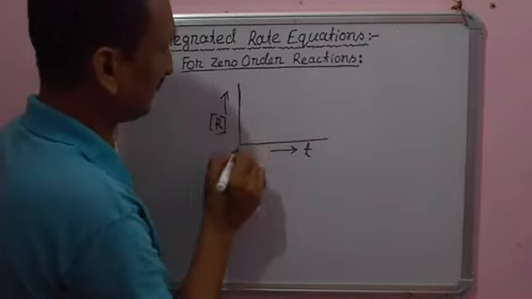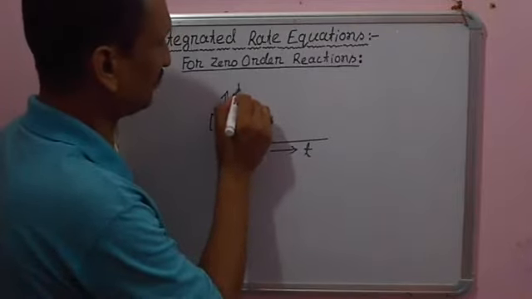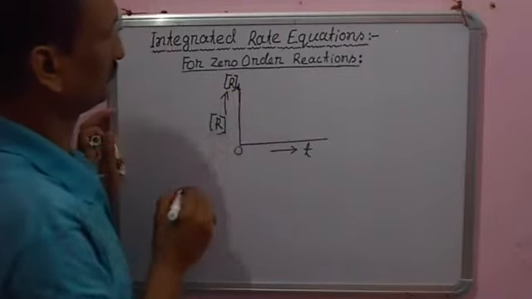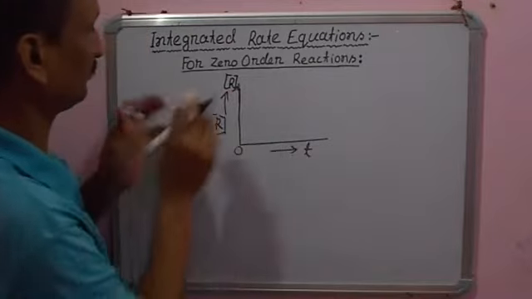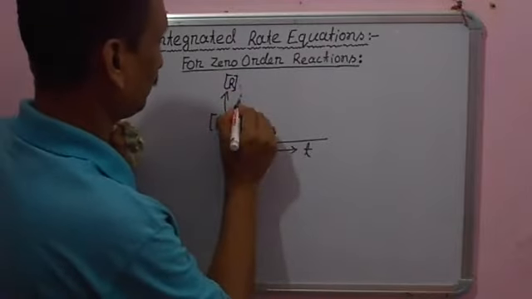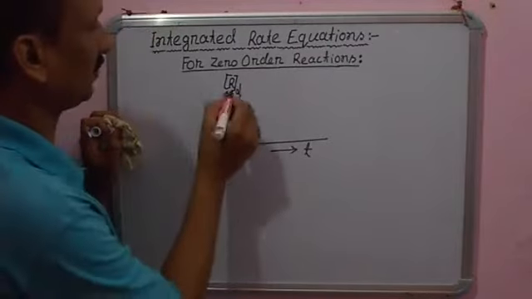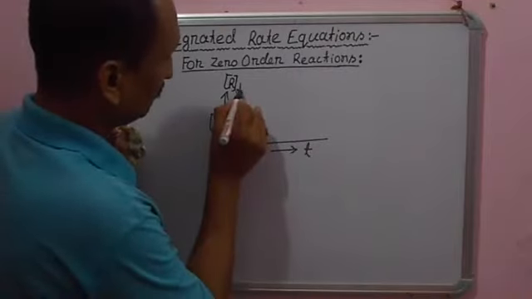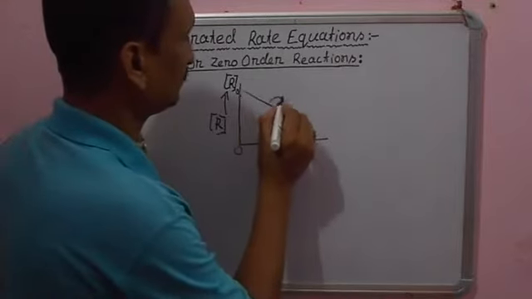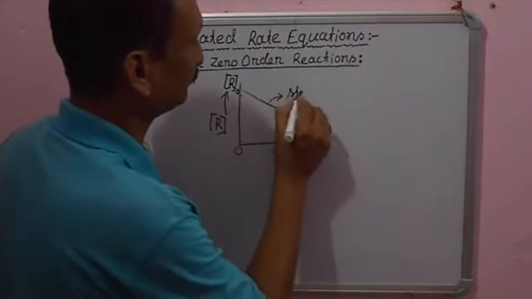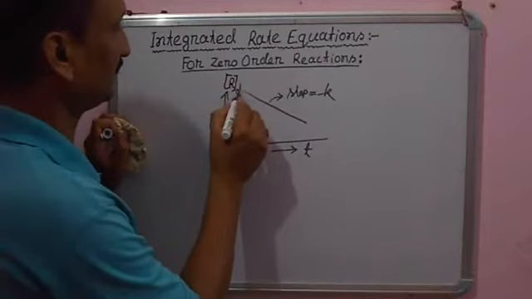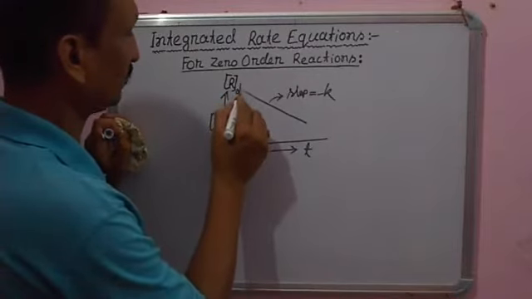Initially at time 0, the concentration of the reactant is the initial concentration, [R]0. It will go in this way, giving a straight line with negative slope, slope equal to minus k, and this is the intercept, equal to [R]0.